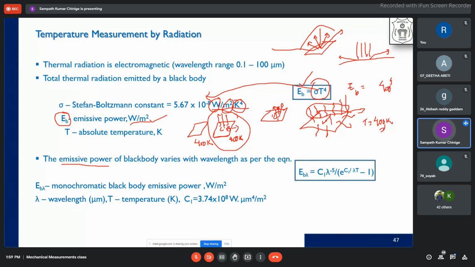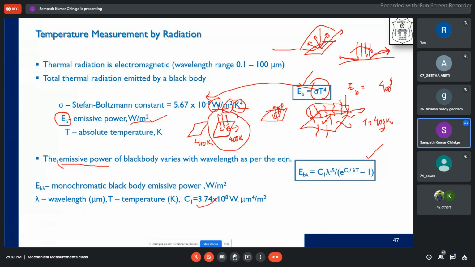Depending on the wavelength with which the body is emitting the radiation, my emissive power varies. The emissive power coming out is directly dependent on the wavelength, and that expression is given by this equation, where the monochromatic wavelength emissive power is basically C1, which is a constant.